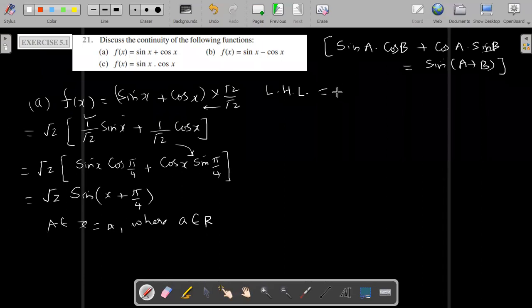At a. So we can find the left hand limit, x tending to a negative, and now we will use the definition: root 2 sin(x plus pi by 4).